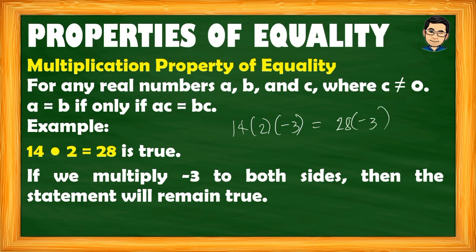So, the product of 14 and 2 is 28, times negative 3 equals 28 times negative 3. So, dyan pa lang, kitang-kita naman po na both sides of the equation are equal. So, the product of both sides is negative 84. Negative 84 equals negative 84. So, kahit anong i-multiply natin both sides, magiging equal pa rin yan. So, yan lang po yung multiplication property of equality.